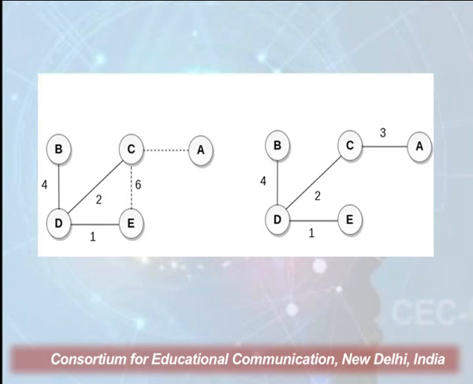Finally we will include CA, which has weight 3, and it is safe to include because it does not result in any cycle.